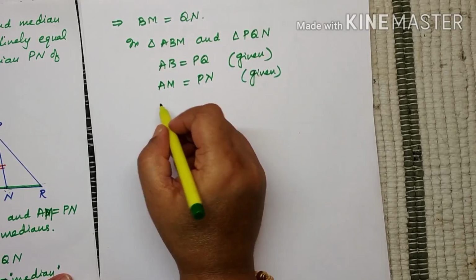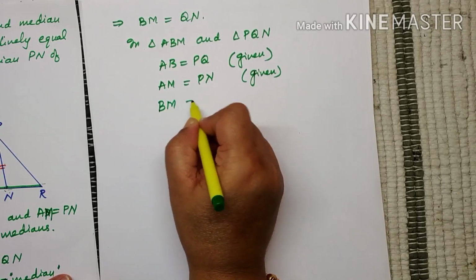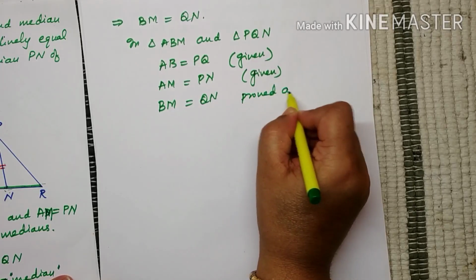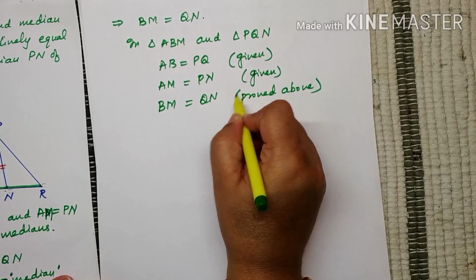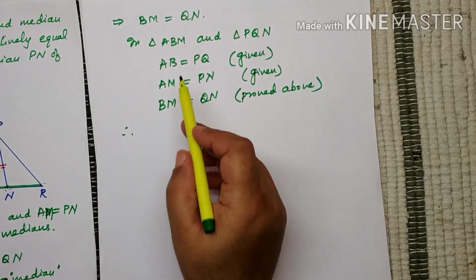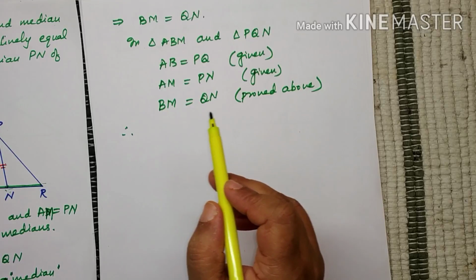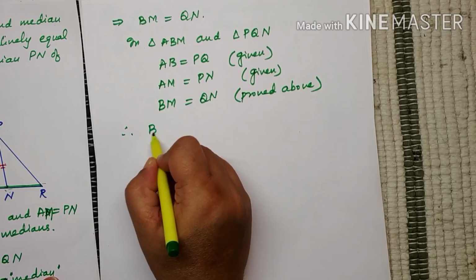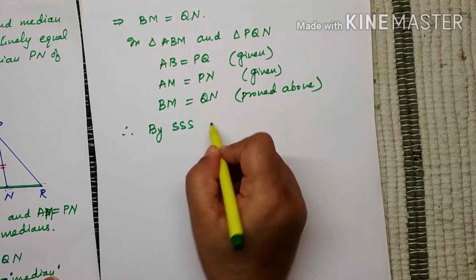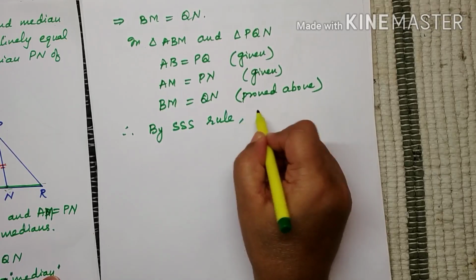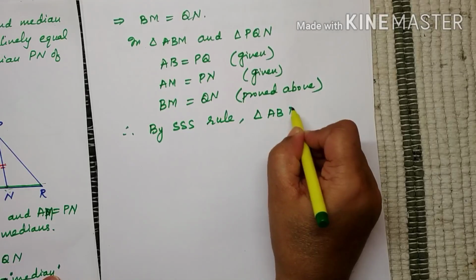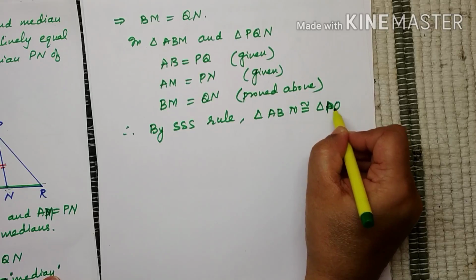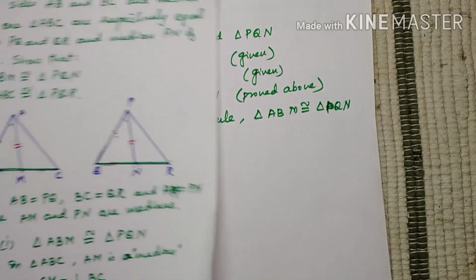And the third, we have just now proved that BM is equal to QN. Why? Because we have proved it above. Therefore, we have proved three sides of one triangle respectively equal to the three sides of the other triangle. Therefore, by the SSS rule, triangle ABM is congruent to triangle PQN. Now we got these two triangles congruent.